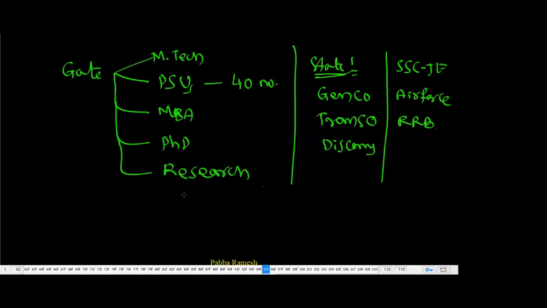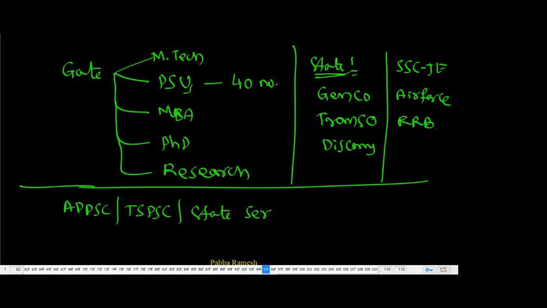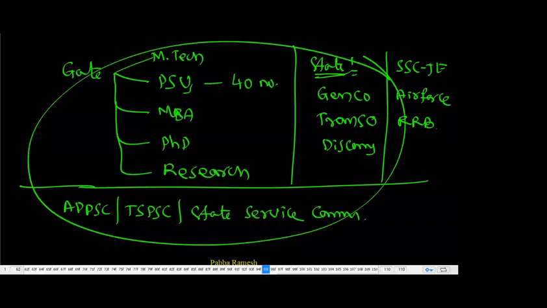And every state, for example Andhra Pradesh, APPSC; Telangana, TSPSC; Tamil Nadu, TNSPSC. Every state has State Service Commissions, and you are eligible. These many opportunities are there for electrical people.